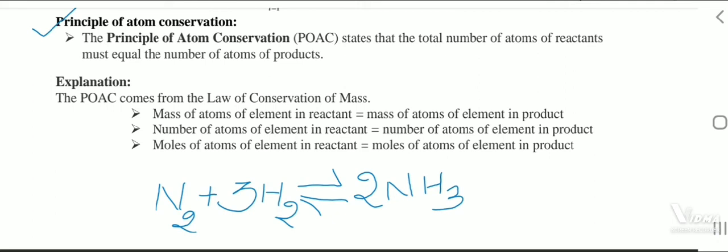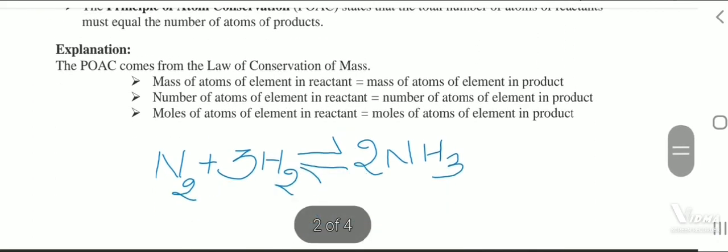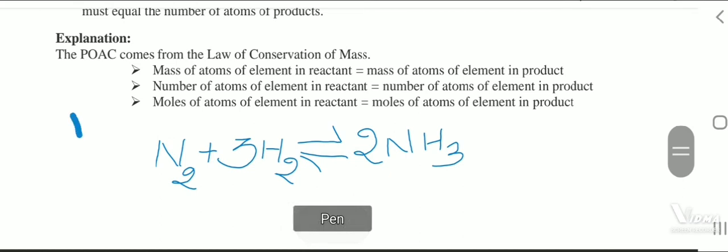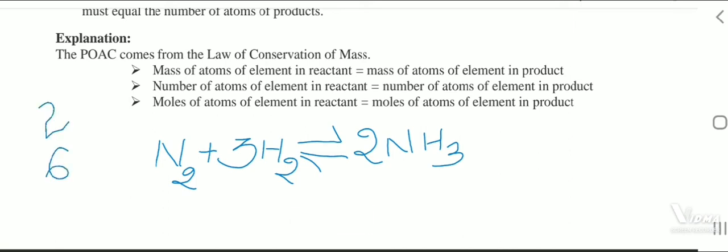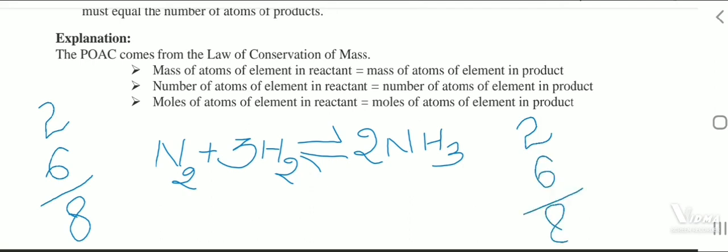Nitrogen has 2 atoms, and hydrogen has 6 atoms. So the total will be 8. And in the product, nitrogen has 2 and hydrogen has 6. So it is equal to 8.